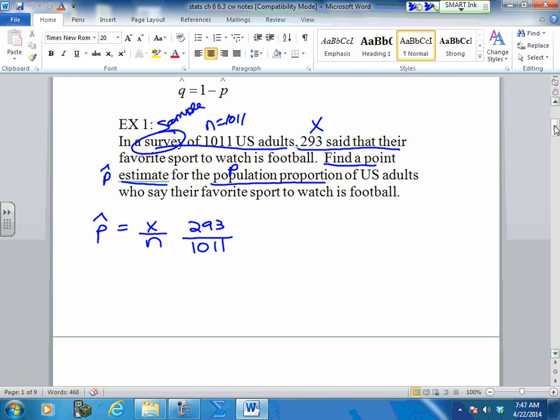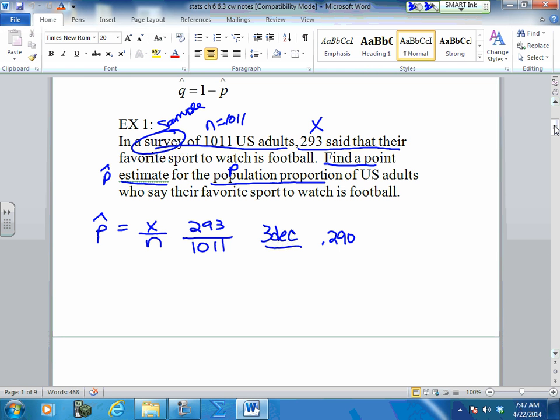And you can leave them in reduced fractions, but generally, if you want to flip this to a percent later, give me 3 decimals. Rule of thumb, 3 decimals. So you just put it in your calculator, 293 divided by 1011, and you come out with 0.290.